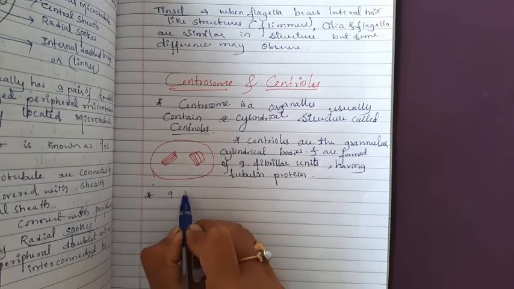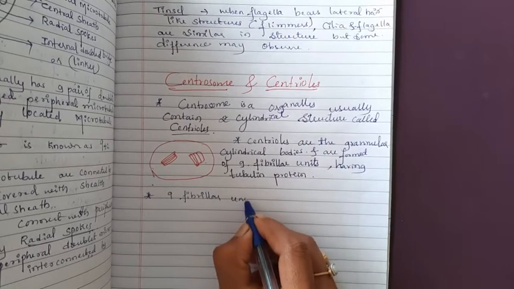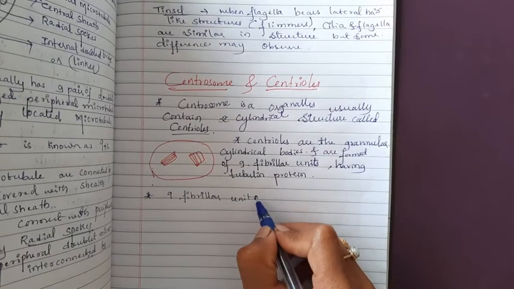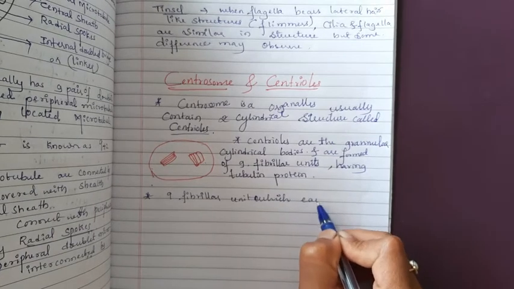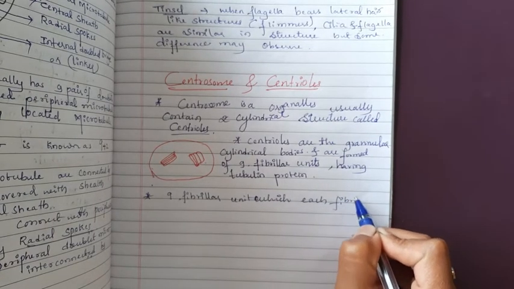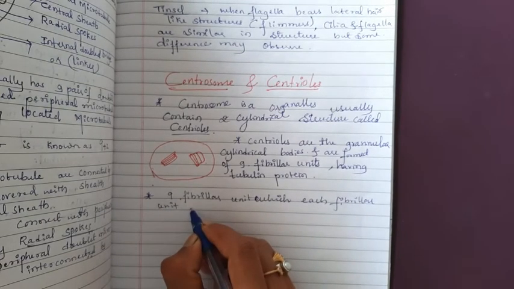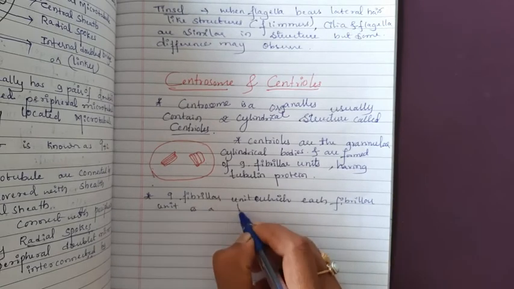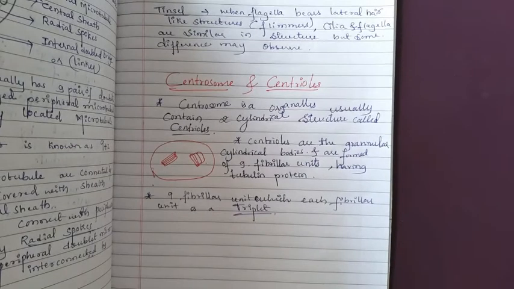A 9 fibrillar unit in which each fibrillar unit is a triplet, means 3 tubulin proteins are present in one fibrillar unit, means 9 into 3, totally 27 tubulin proteins are present.